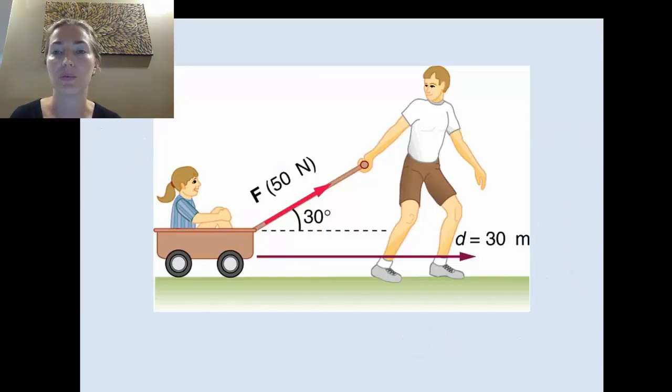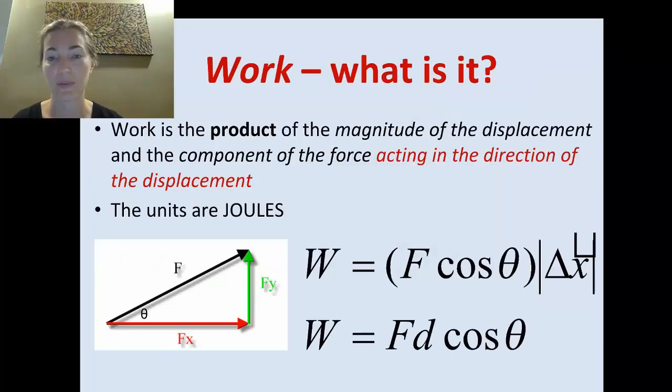So this is an example of a man pulling a girl in a trolley, and he is holding on to the handle and pulling with a force of 50 newtons. However, the work that he's doing to actually move her is only in this x component. So we want cos 30 times this force to get the force component horizontal in the direction of her displacement.